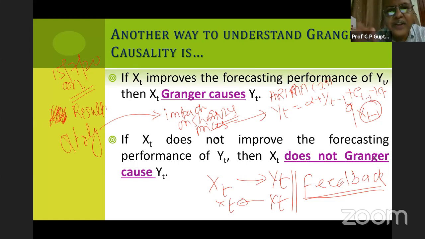So every year, sales are picking up, and after that, Diwali happens. So increase in sales is happening first, and then Diwali. Then in terms of Granger causality, I can say that sales is Granger causing Diwali, but sales are not causing Diwali. Understand that difference between the cause and effect in terms of the true cause effect relationship. Okay.